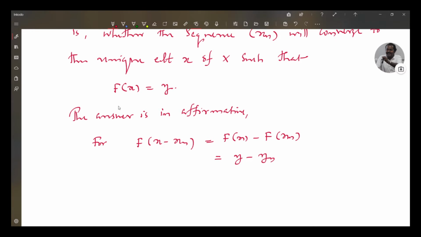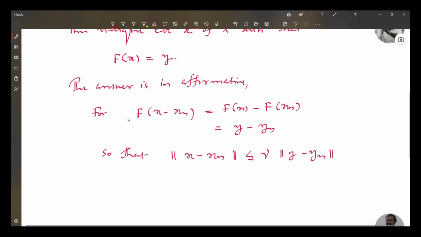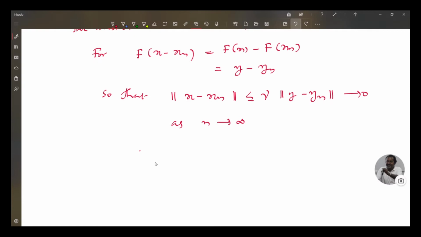By our previous discussion, we have norm of x - xn is less than or equal to gamma times norm of y - yn. And you know that yn converges to y, so this tends to 0 as n tends to infinity. Therefore, xn converges to x as n tends to infinity.